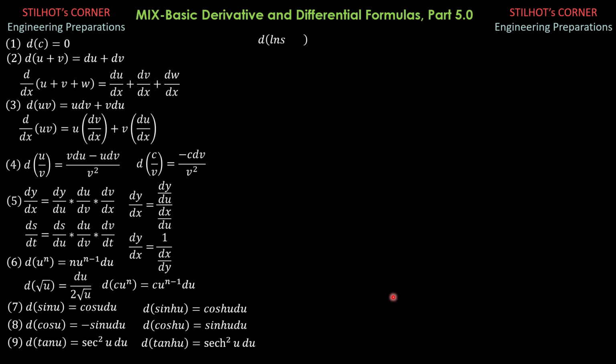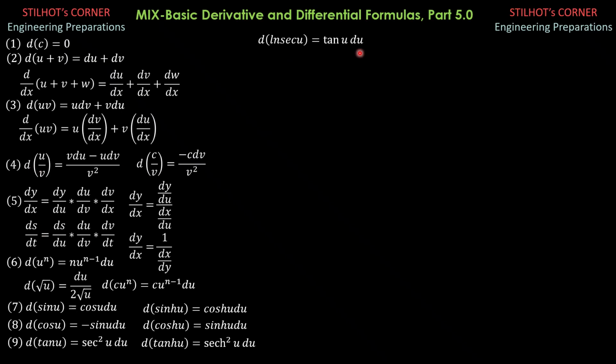Then the differential of ln of secant of u is tangent of u du. For you to easily memorize this, make this 1 over cosine of u, then apply the differentiation formula here.